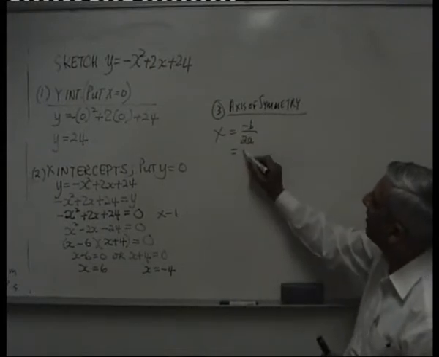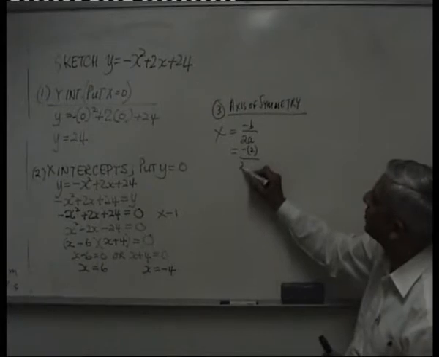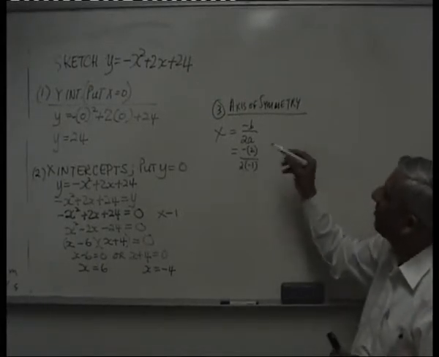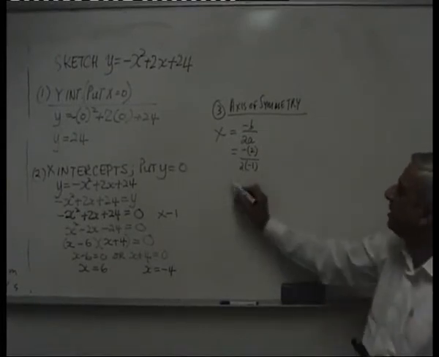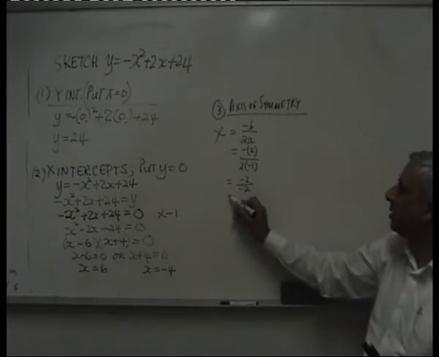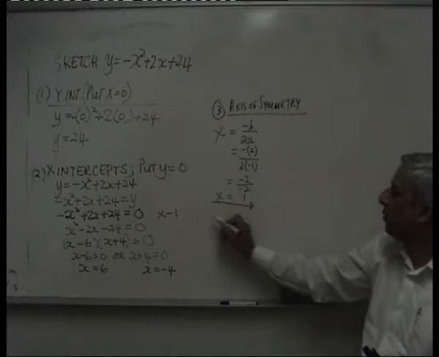If you look there, minus into 2 all over 2 into negative 1. Remember, I'm picking these up from the original question. So that gives you minus 2 over minus 2, finally 1. So your axis of symmetry is x is equal to 1.